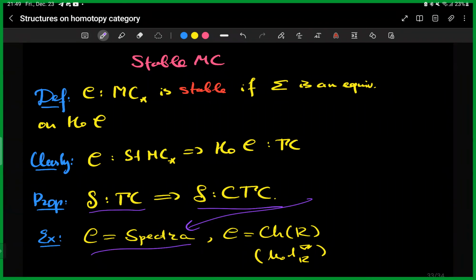Or in the category of chain complexes, everything is even simpler because suspension, or shift, is an equivalence even at the level of the category itself. So the category of chain complexes is also clearly stable.